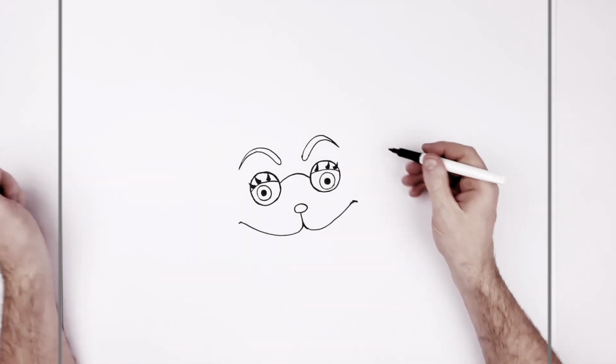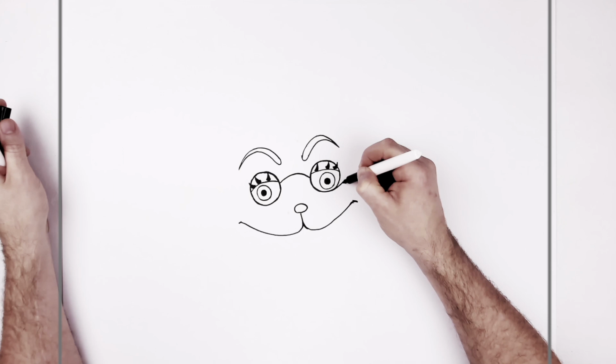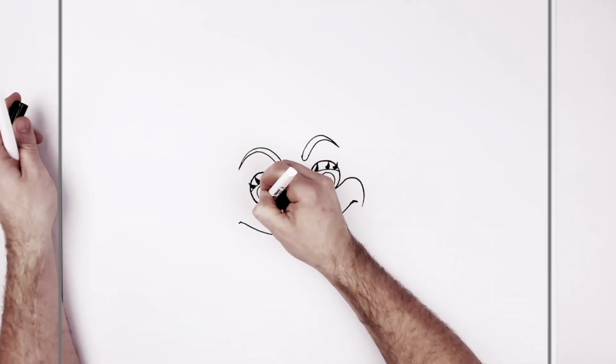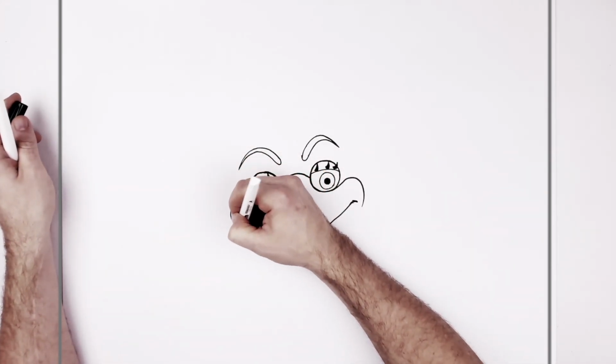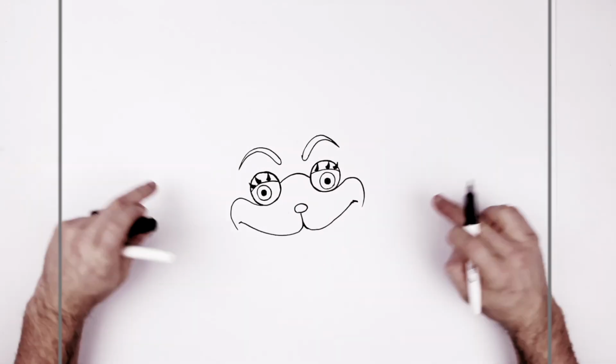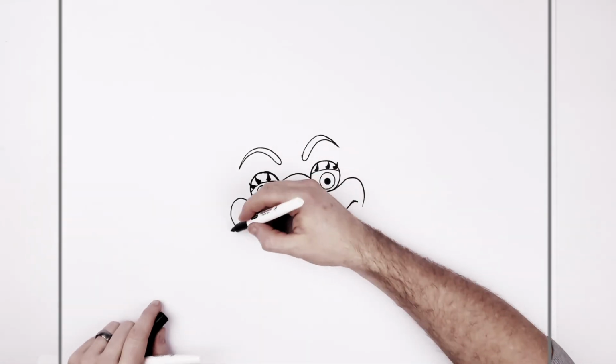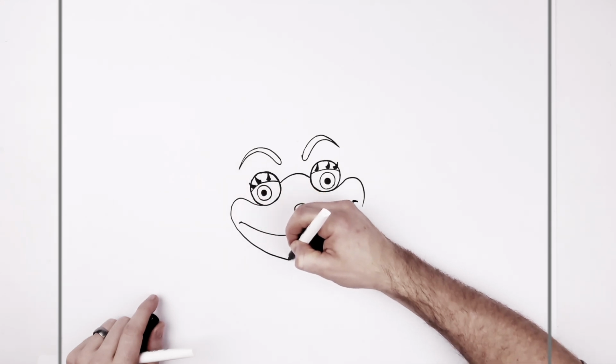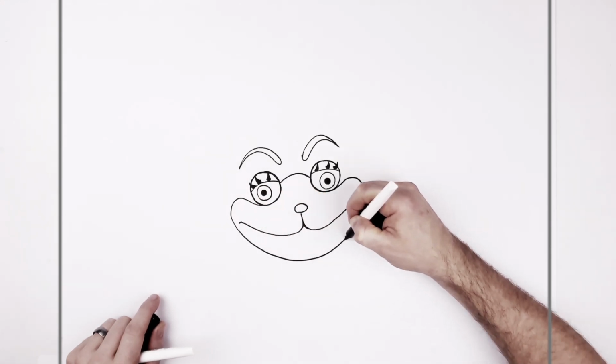And then the white part of the face comes out from around the eye. Curves around that mouth. And then these join together underneath. Just a curved line brings it all together for the face.